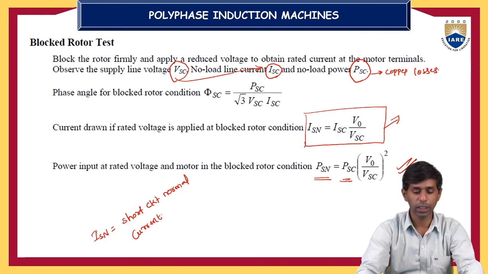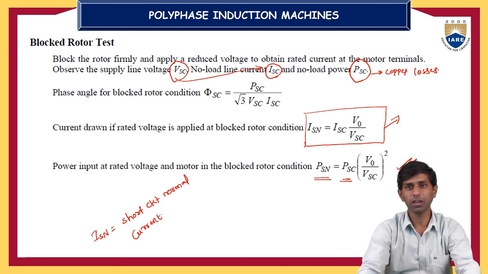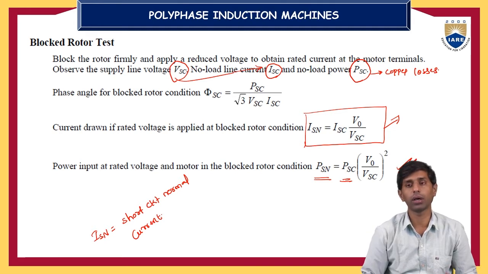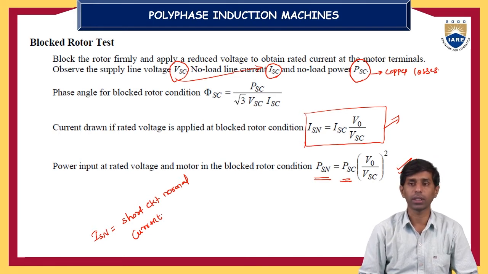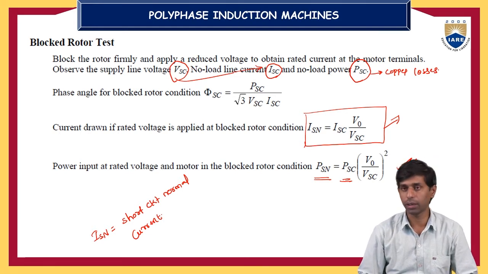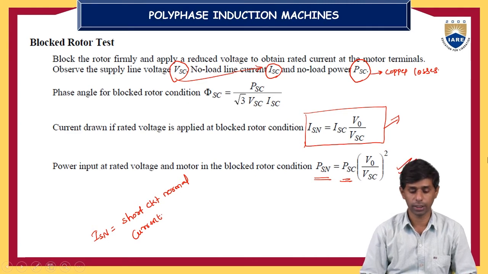And these are the things we have to calculate before drawing the circle diagram: phi SC, the phase angle under block rotor test, phi naught, the phase angle under no load test, ISN, the short circuit normal current, as well as the short circuit normal power under block rotor test.